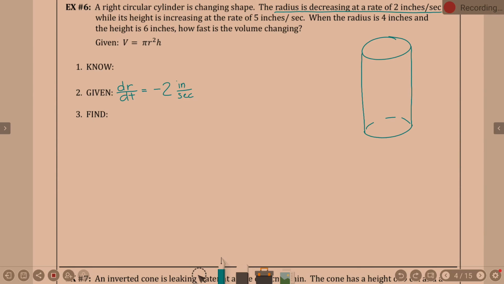Are you getting okay at least identifying the information like that? So that's half the battle, really. While its height is increasing at the rate of 5 inches per second. So change in height over time is 5 inches per second.